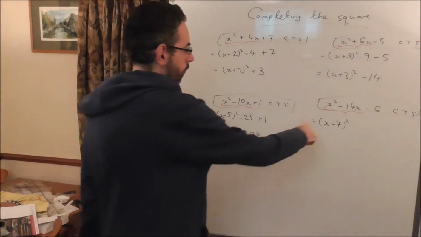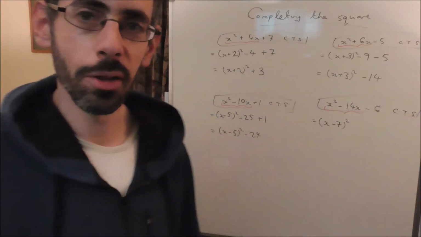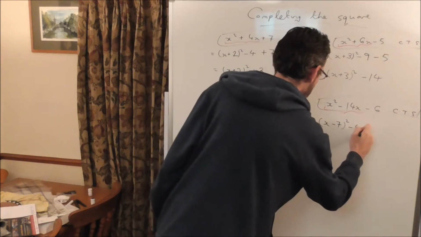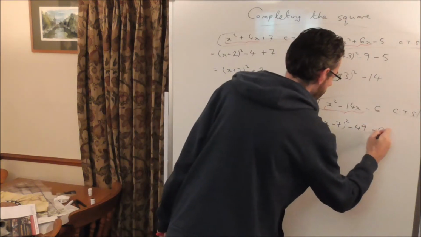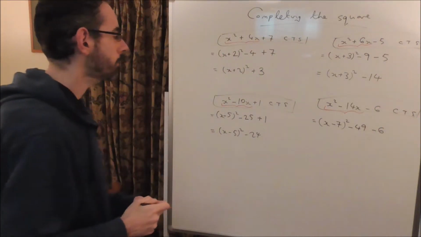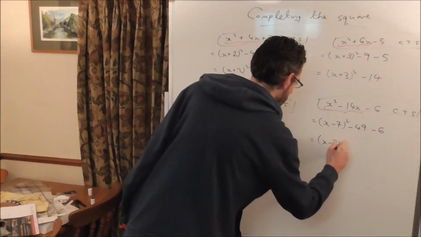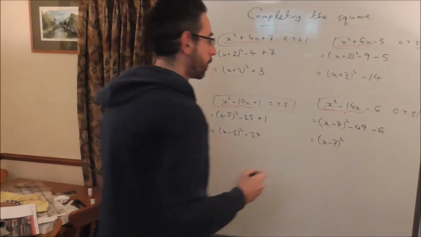And if you were to expand this, you'd get a plus 49, because minus 7 times minus 7 is 49, which we don't have up there, so we need to get rid of that. Now this is the same as what's underlined, and I'll just stick the minus 6 on the end. Let's simplify that. So it's just x minus 7 all squared, and minus 49 minus 6 is minus 55.